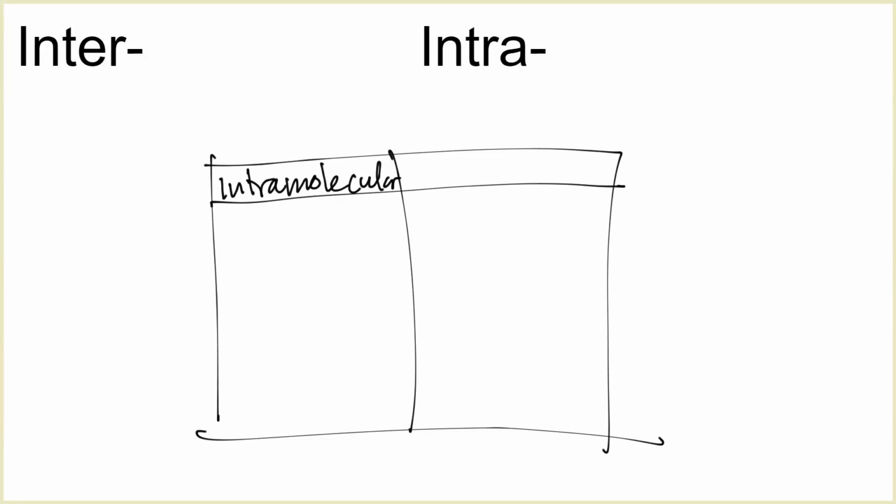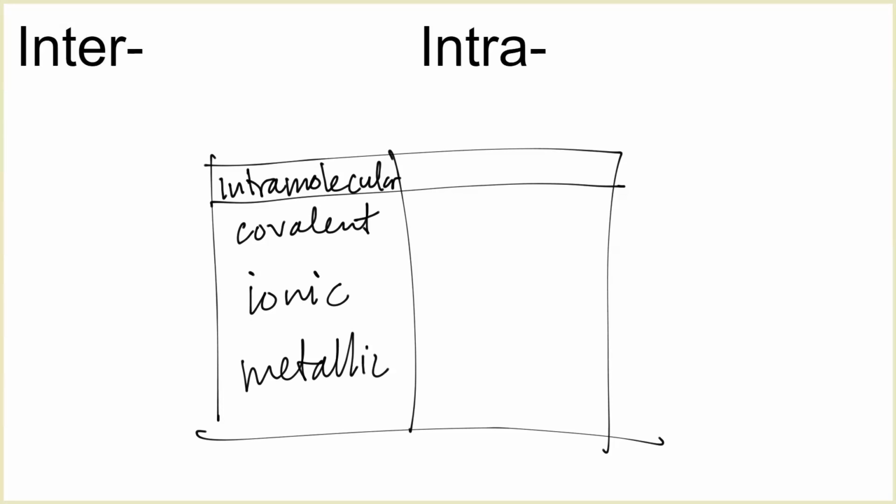There's 3 of them. Who can tell me one of them? Covalent, right? Polar. Okay, so covalent. What's another one, you guys? Ionic, good. And what's the other one? Metallic.